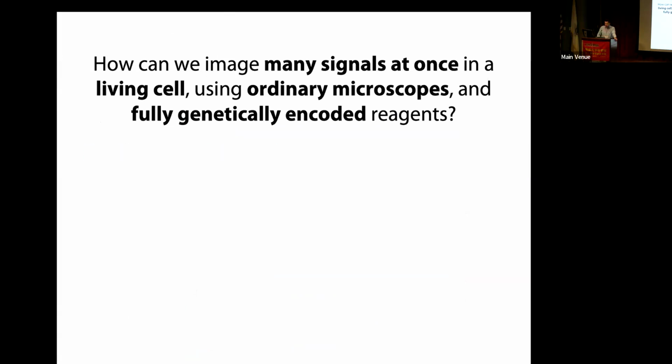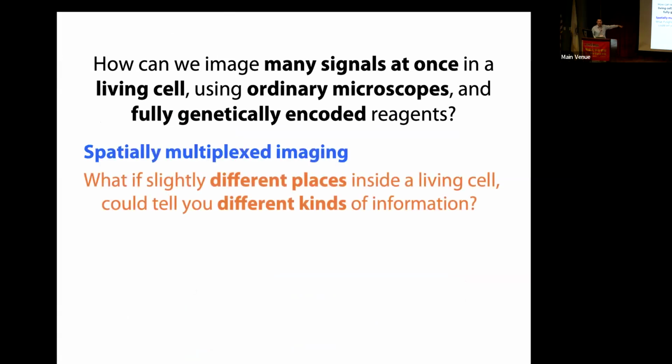And basically, to image many things at once in a living cell, we can borrow ideas from, well, basically how the internet works. And so, here in this building, there are lots of different Wi-Fi antennas. If you go from room to room, you can go from one antenna to the next. And so we wondered, what if we could do the same thing in biology? Have different places in a living cell tell you different stories.